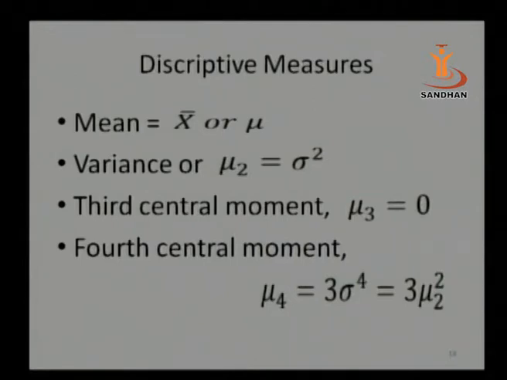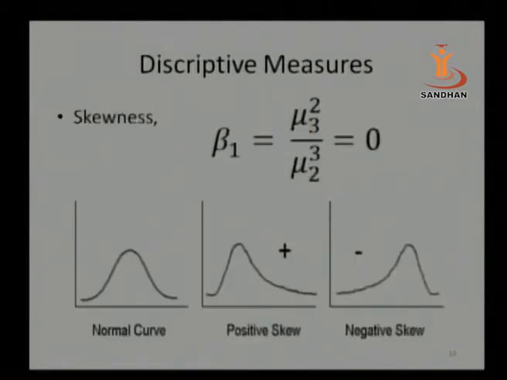This is the notation for variance. Now again let us see the skewness. Skewness beta 1 is equal to mu3 square divided by mu2 cube, that you know the formula, which is 0 in the case of normal distribution.